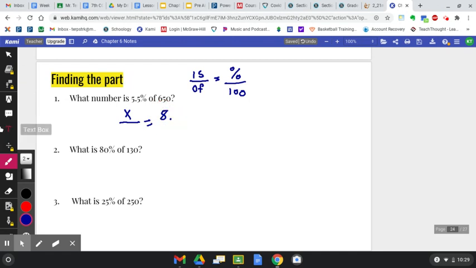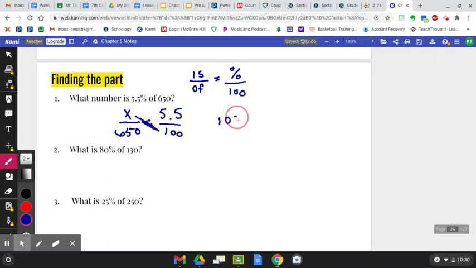5.5, oh man, I was getting so good at that too. 5.5 is the percentage out of 100, and of 650. Right, so cross multiplying, I like to do my variable first, so I'm going to pair that up.